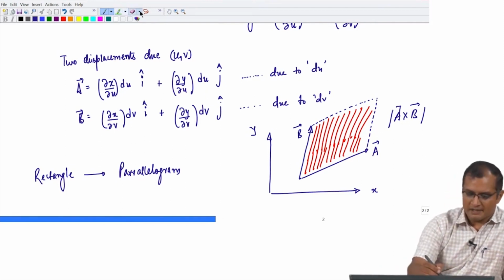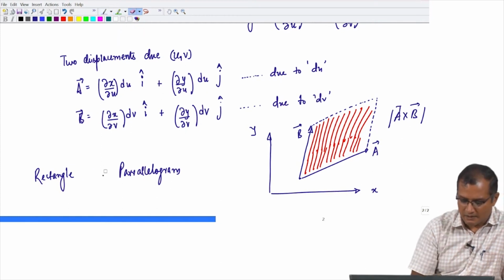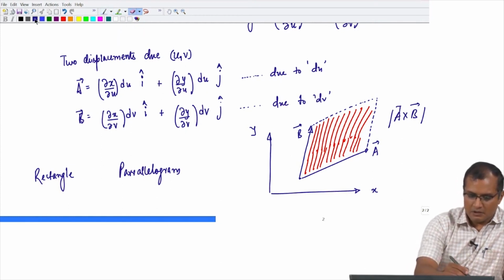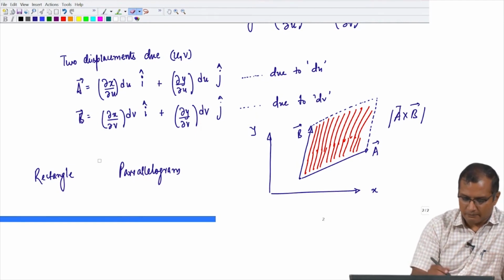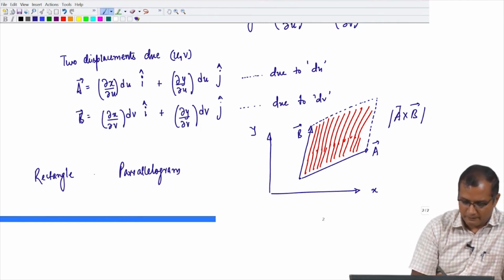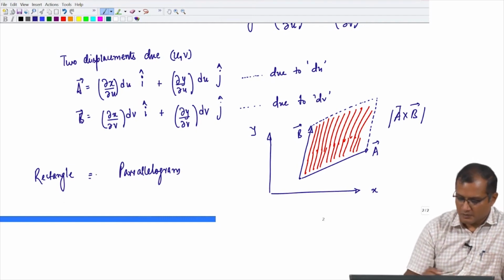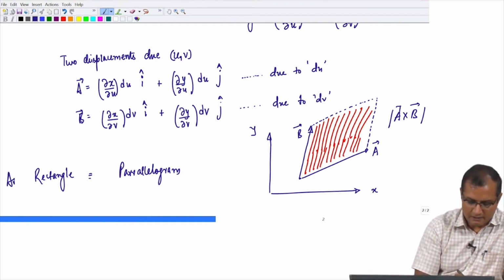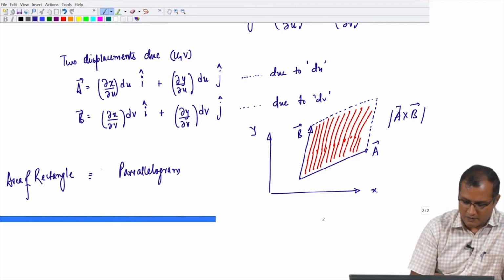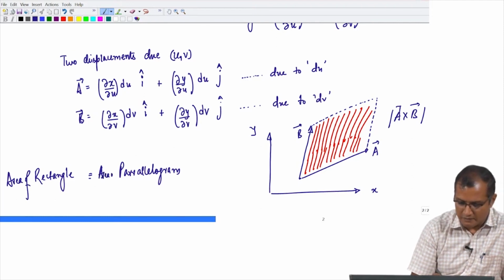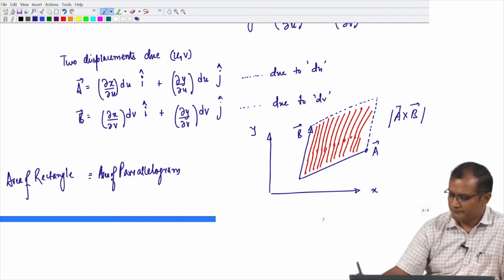So, I will say that this is basically equal to the area of a parallelogram. Okay. So, I will say area of this is equal to area of the parallelogram.